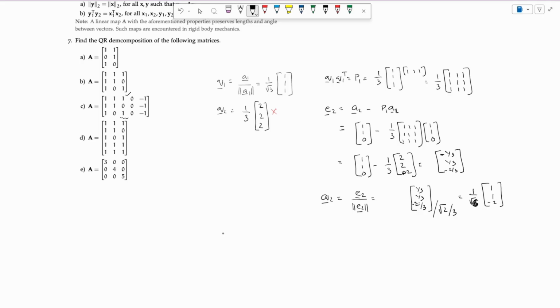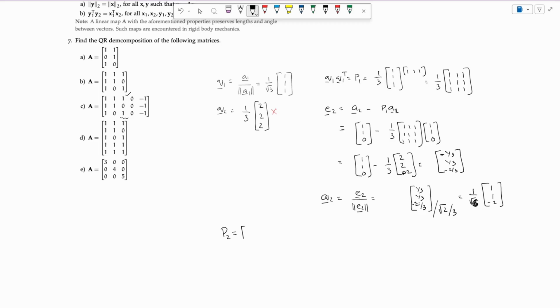To compute that orthogonal projection, you need the orthogonal projection matrix P2. You can do it two ways. You can find P2 if you have an orthonormal basis for the subspace spanned by Q1 and Q2. Q1 and Q2 form an orthonormal basis because they are of length 1 and mutually orthogonal.